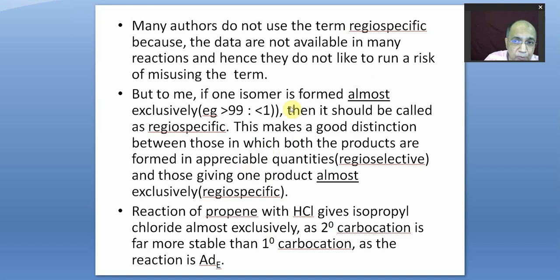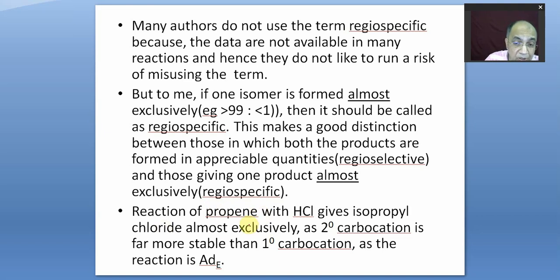To me, if one isomer is formed almost exclusively, more than 99% for example, then it should be called regiospecific. This makes a good distinction between those in which both the products are formed in appreciable quantities. They should be called regioselective, but if one of the products is formed almost exclusively, nearly 100%, then we can dare use the term regiospecific.